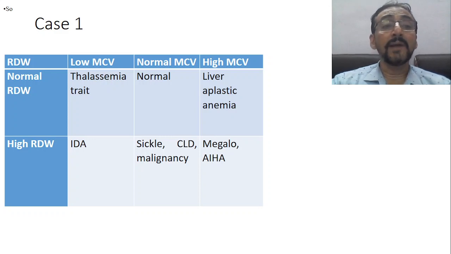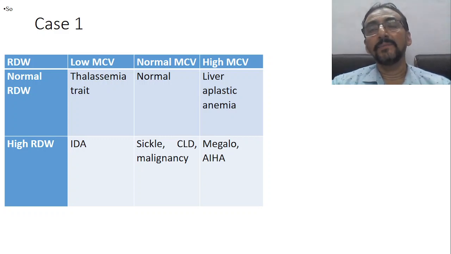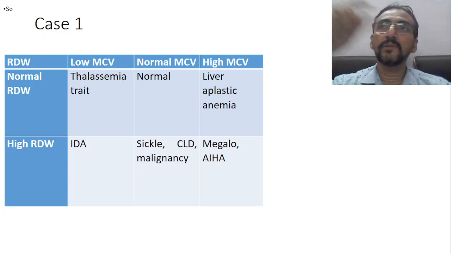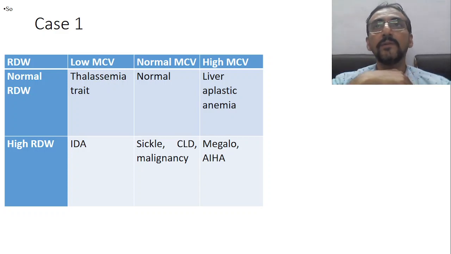Okay, if the RDW is normal and MCV is high, MCV बहुत हाई है, मतलब मेगलोब्लास्ट है या मैक्रोसाइट्स है, so then it indicates the liver problem or aplastic anemia etc. problem. So this particular table is quite useful.